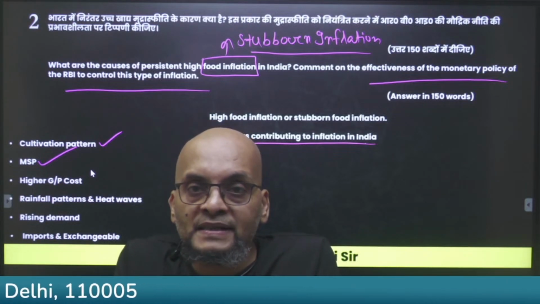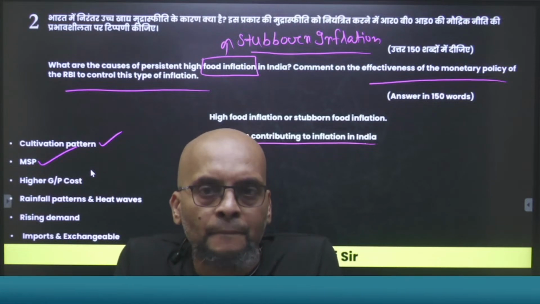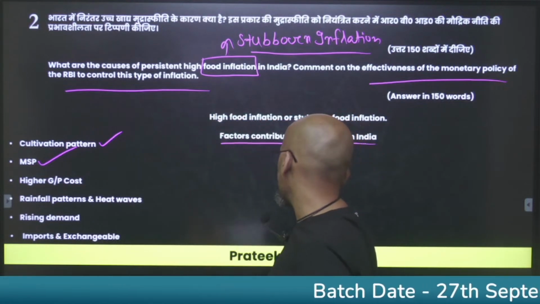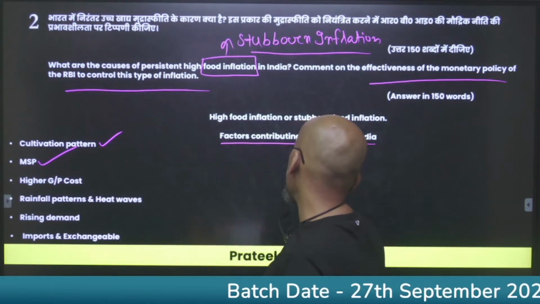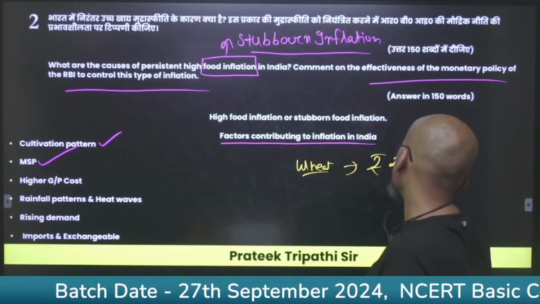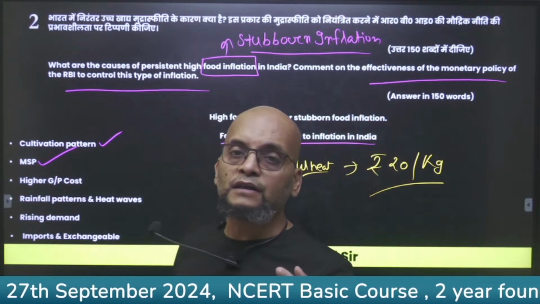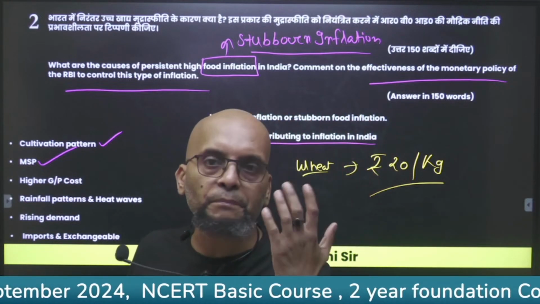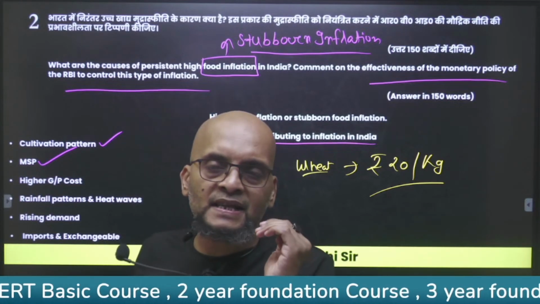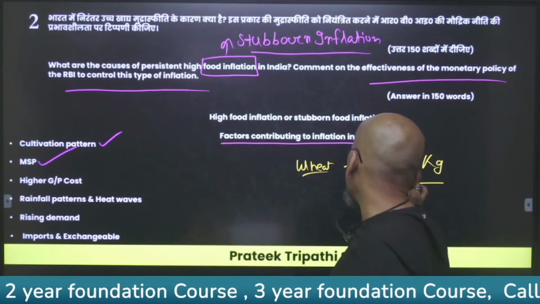Now when government is giving MSP, let's take an example of wheat. Let's say government has set the MSP for wheat as 20 rupees per kg. And let's say in a year the produce of wheat is high, supply is high. Now when supply is high, prices will not rise, yes or no? So let's say in the market, people are not ready to pay 20 rupees.